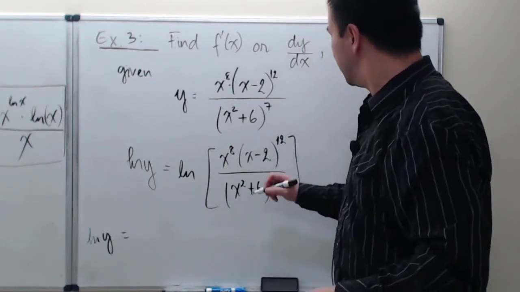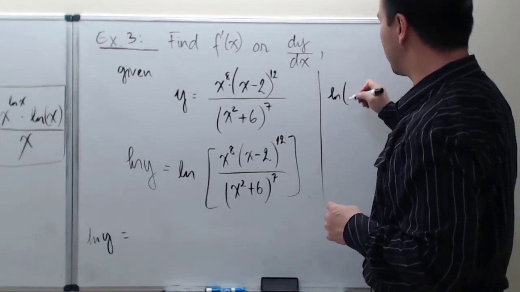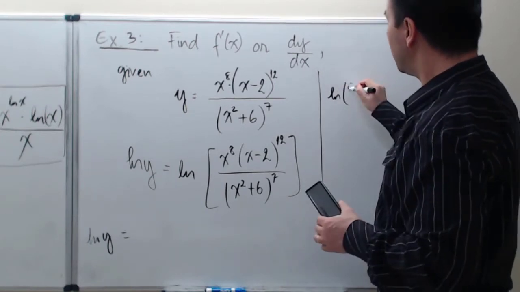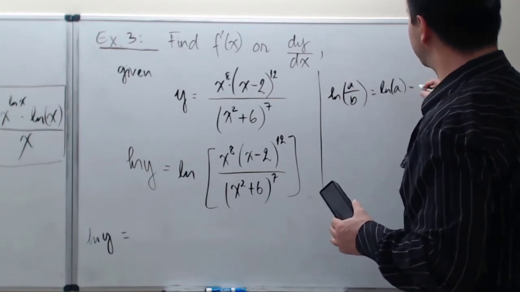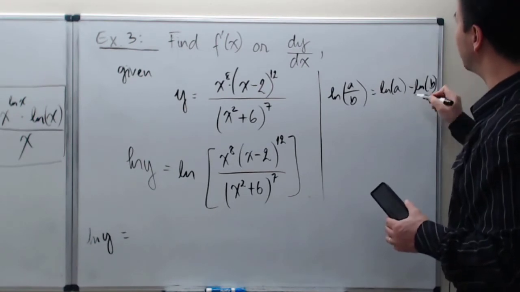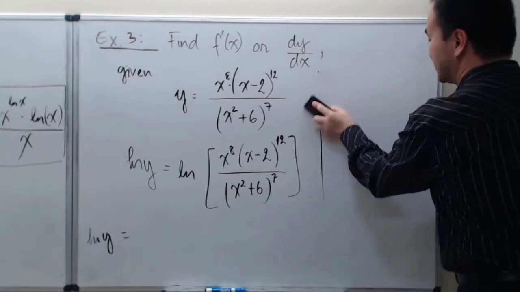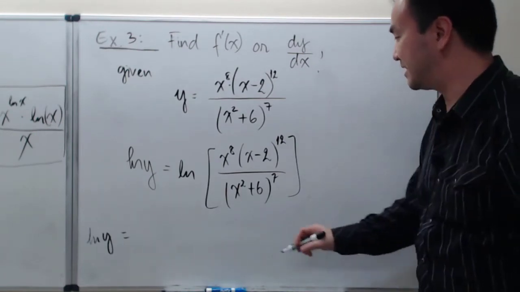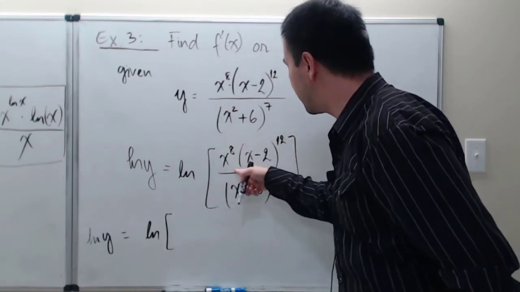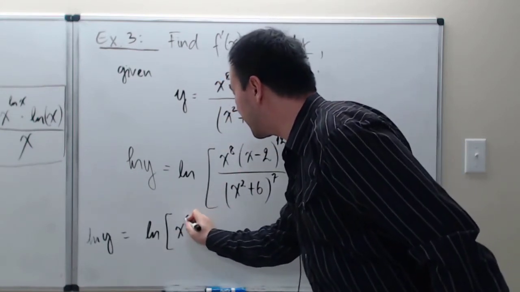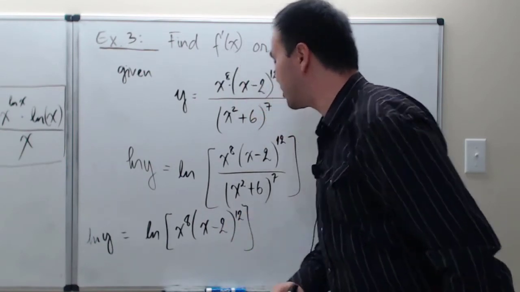So now, as another reminder, and as you have seen before already, the logarithm of a quotient is the same as the logarithm of the numerator minus the same log of the denominator. Okay, and so after that brief reminder, here I'm looking at natural log of the entire numerator, including that x to the 8th and x minus 2 in quantity to the 12th power, all in one logarithm.